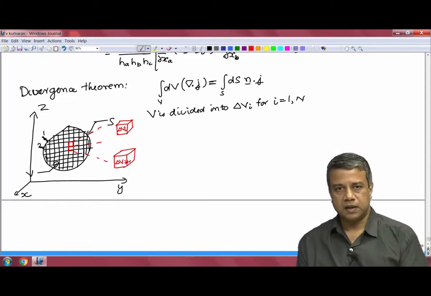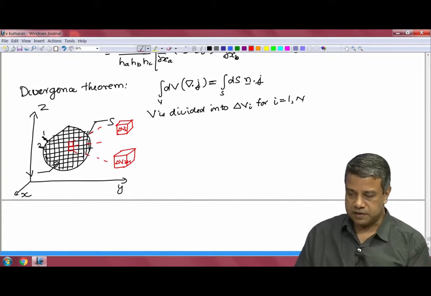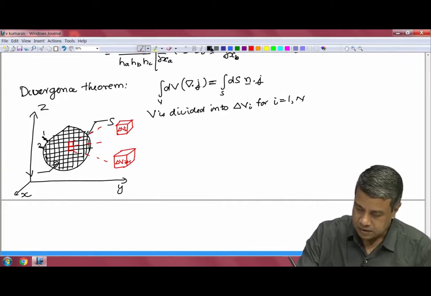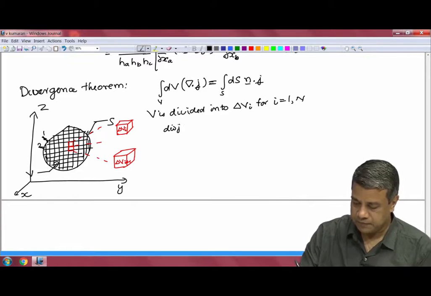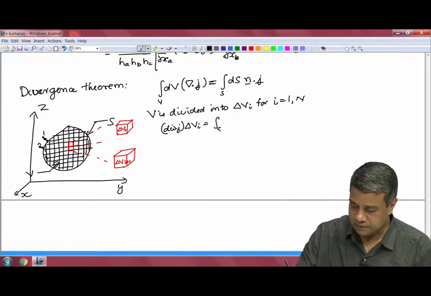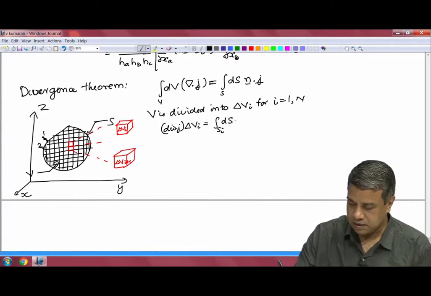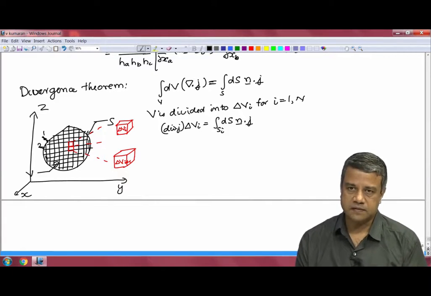And since these are differential volumes, I can use the definition of the divergence. The divergence of j times delta V i is equal to the integral over the surface of volume i of ds n dot j. This is the definition of the divergence for a differential volume.